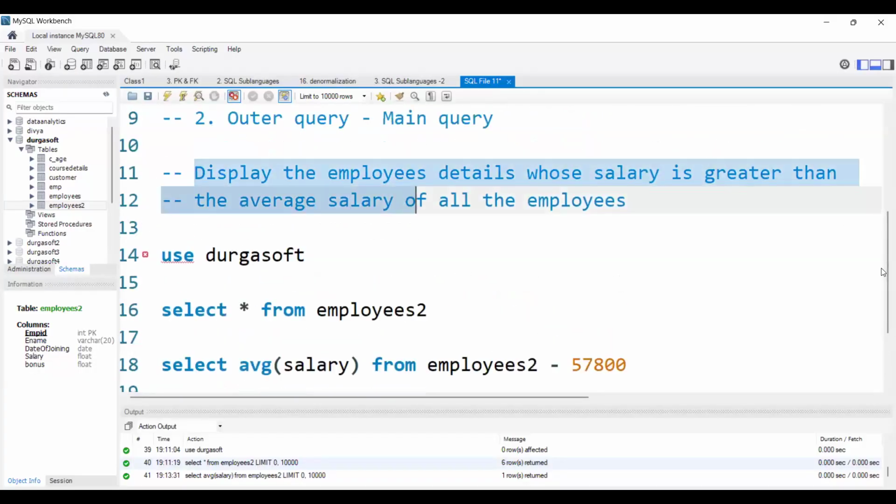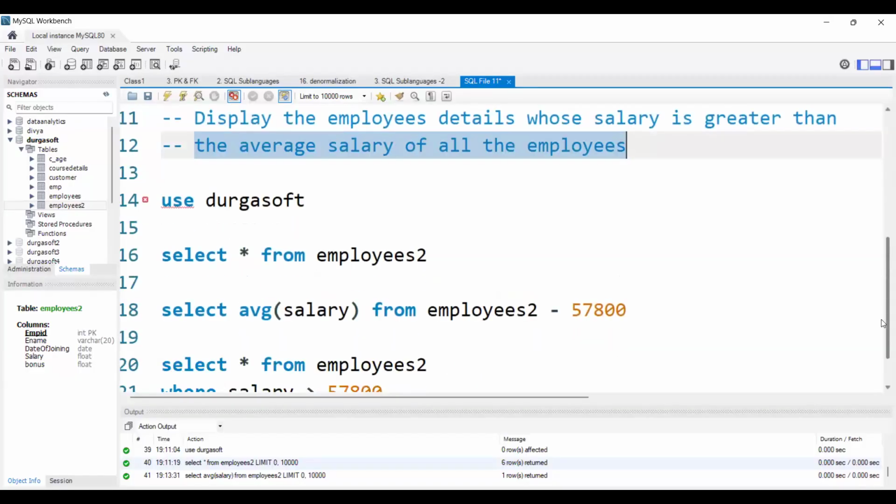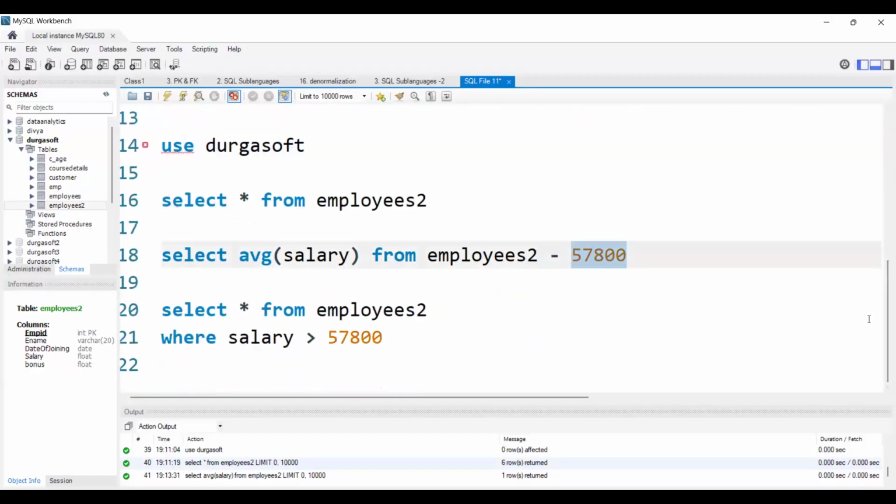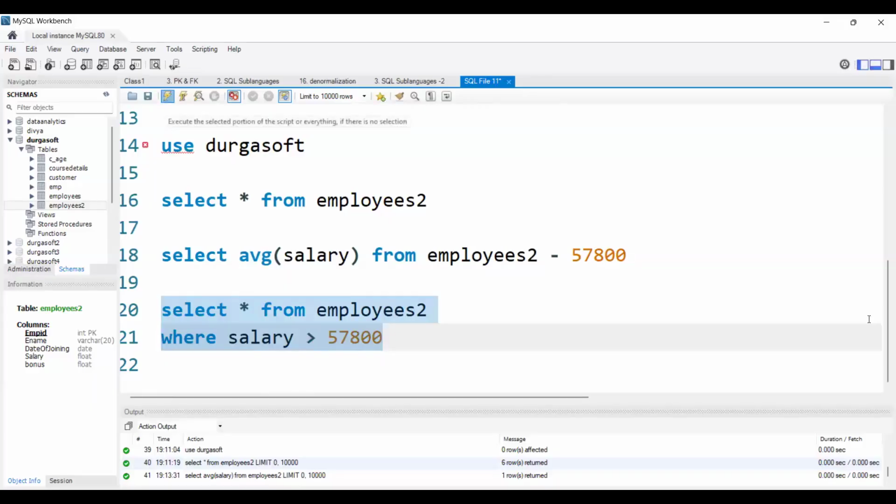This is my question. I'm saying display the employee details whose salary is greater than the average salary of all the employees. I divided this question into two parts. First, I found the average salary of all the employees. I got this output. Now I wrote select star from employees to where salary greater than 57,800. Let me just execute this one.